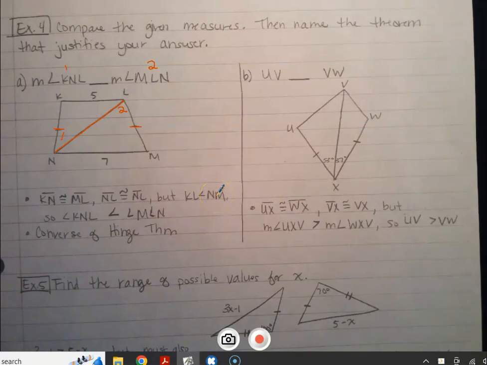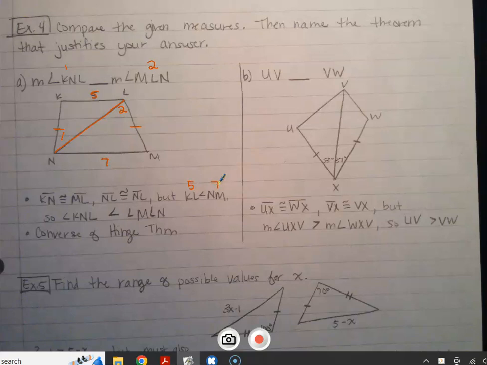It should be the line, not the angle. Yes, because it's the length of KL. They're numbered, right? KL is 5 and NM is 7. So 5 is less than 7. So I've just stated all the things that we know, all the conclusions we can make.